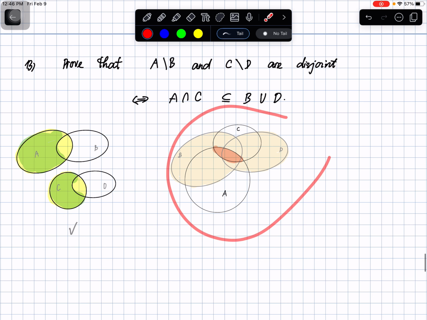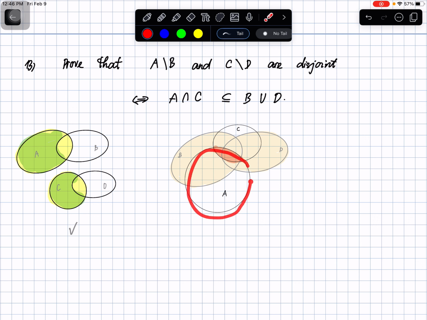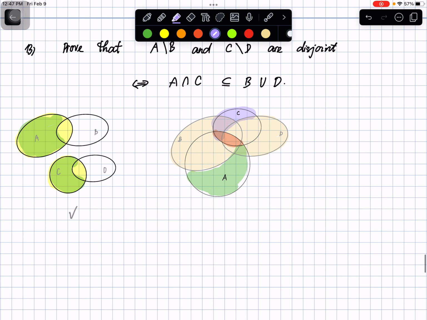Say A minus B. So I have this set minus B. A minus B is this green part. Use another color for C minus D. They are disjoint, yes.